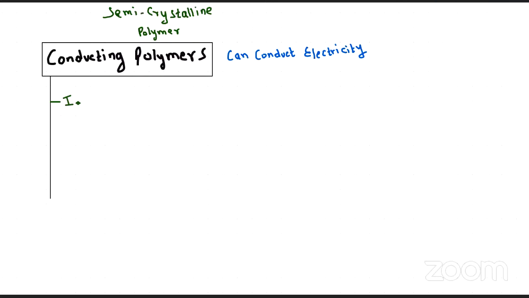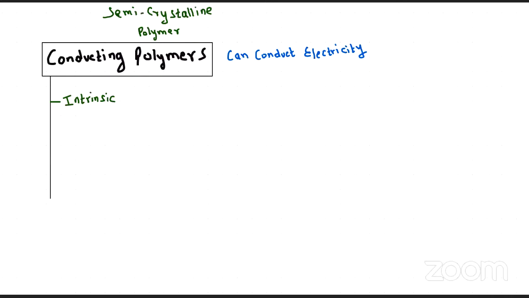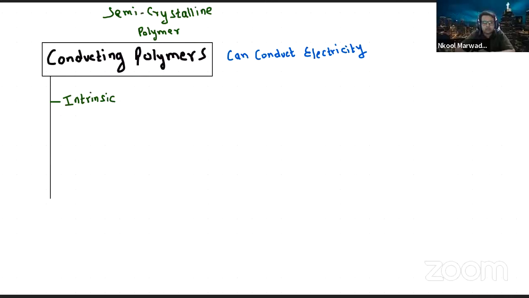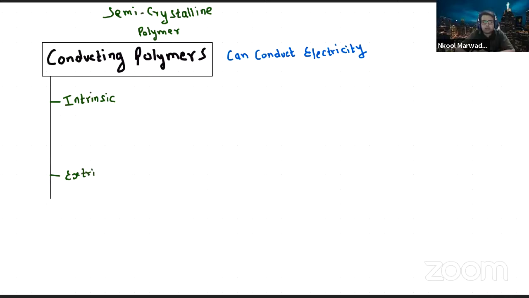Wait, sir, are we talking about semiconductors now? No, it's not a semiconductor. It's about polymers. In polymers also, especially in the conducting polymers, doping is there, intrinsic and extrinsic. Yeah, doping. It's the same thing then. Yeah, I get it, intrinsic and extrinsic.